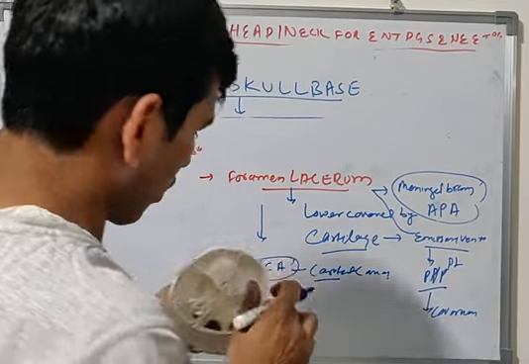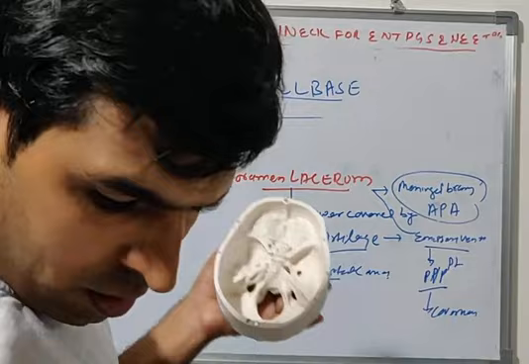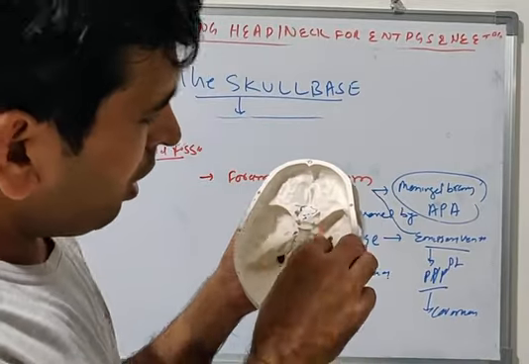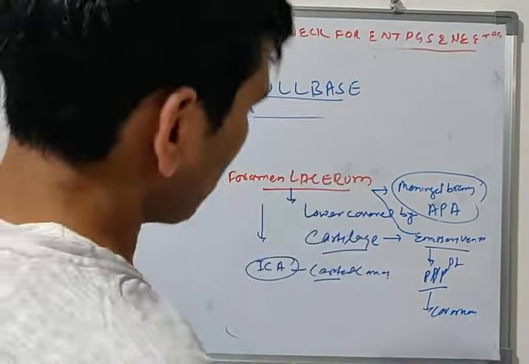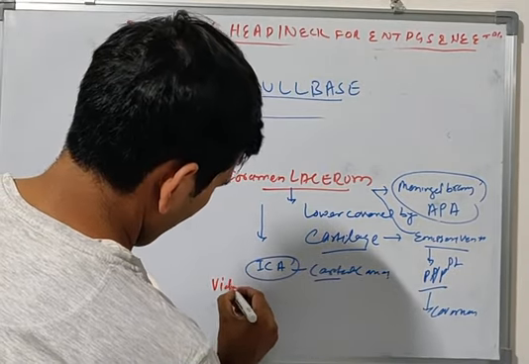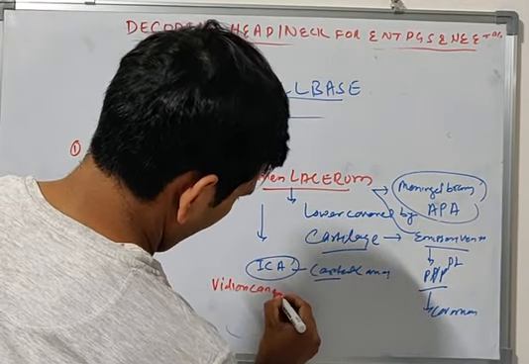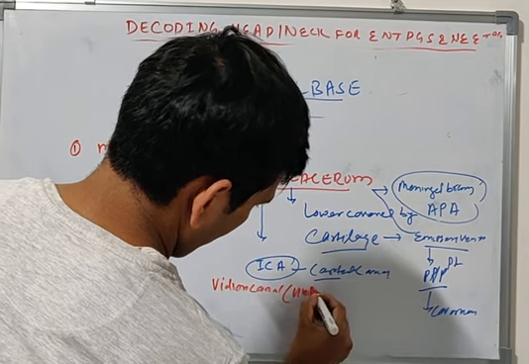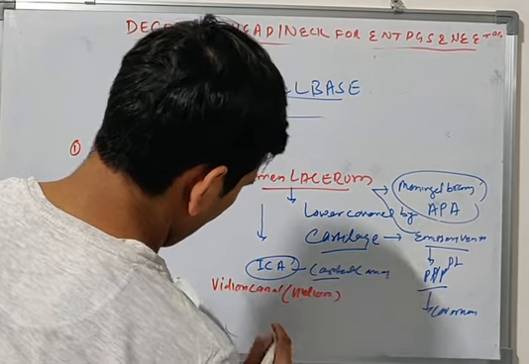And there is a structure which opens anteriorly in the foramen lacerum. If you see here, two structures form one canal, the pterygoid canal, or you may say the vidian canal, which has the vidian nerve.